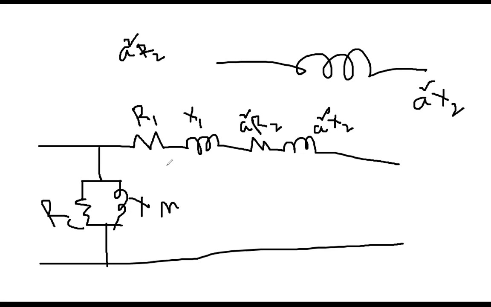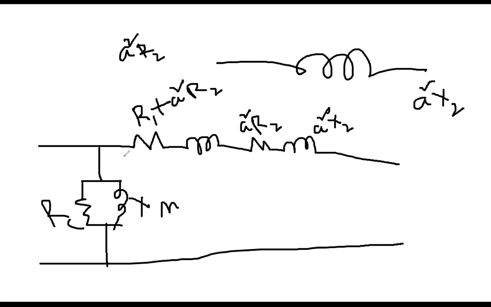Next, you sum up R1 with A square R2 because these two are resistances. If you do that, here you are getting R1 plus A square R2.